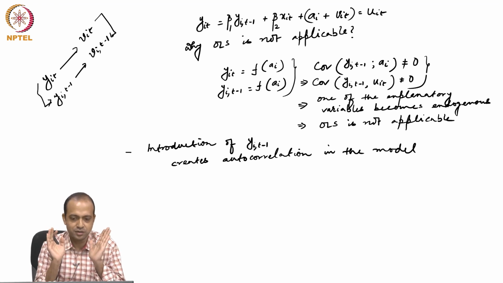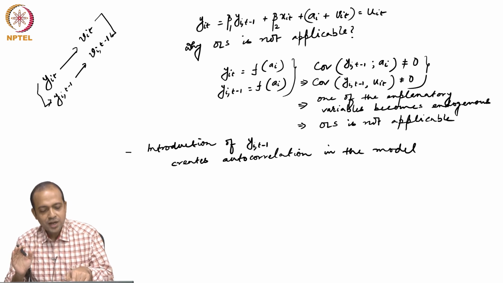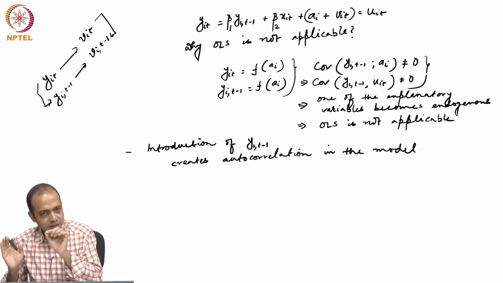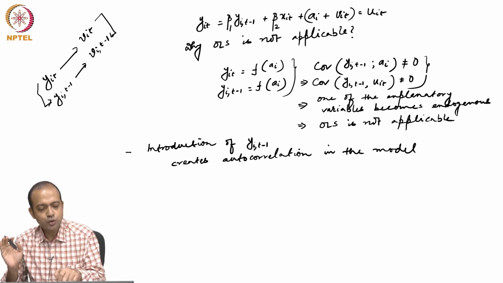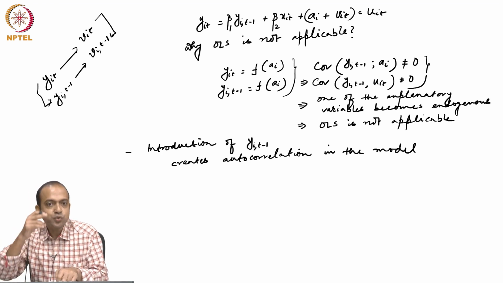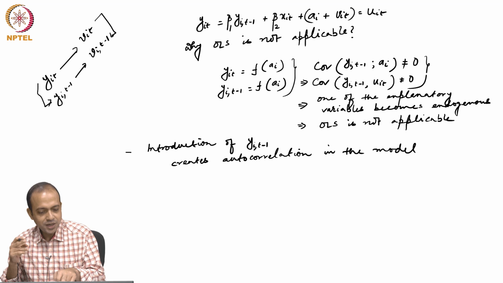Very simple to understand. So, I will explain once again. In this equation, what I can see is that YIT is related to VIT, because VIT is the error component in YIT's equation. YIT is also related to YIT minus 1 because YIT minus 1 is one of the explanatory variables. Since YIT minus 1 is again related to VIT minus 1, what is happening? YIT is related to both YIT minus 1 and also indirectly to VIT minus 1, right.